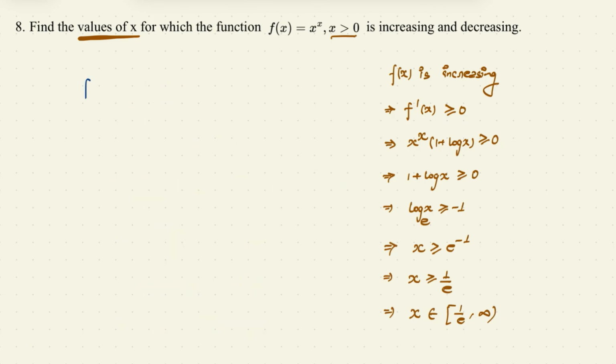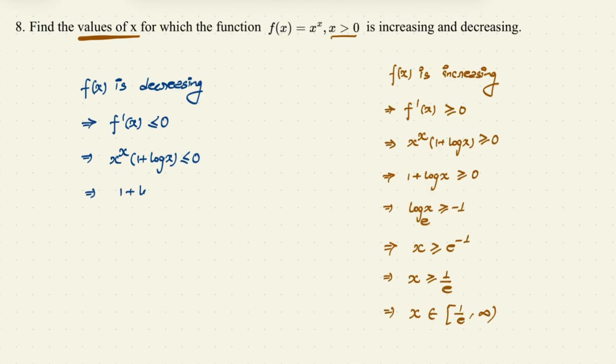and similarly f(x) will be decreasing if f dash of x is less than or equal to 0, and the value of f dash of x is x to the power x, 1 plus log x should be less than or equal to 0, and dividing both sides by x to the power x, I will get 1 plus log x less than or equal to 0, and hence log of x is less than or equal to minus 1.